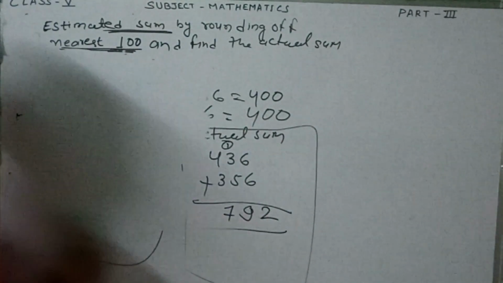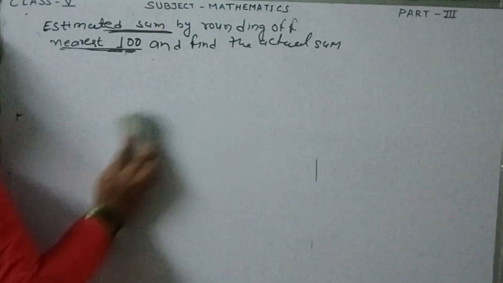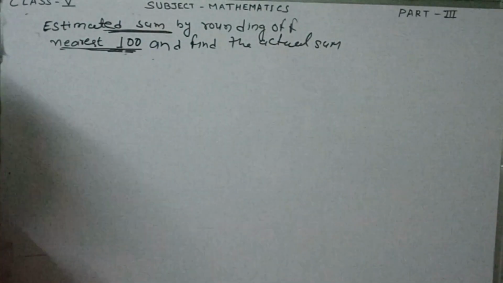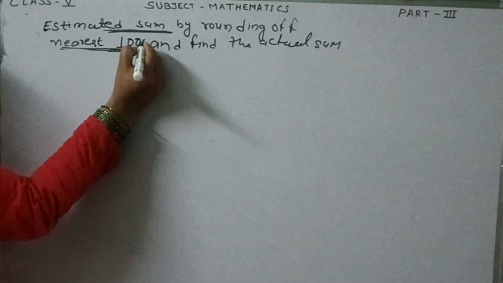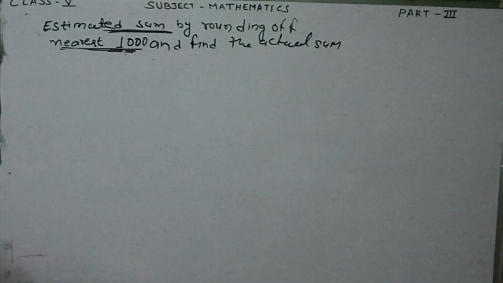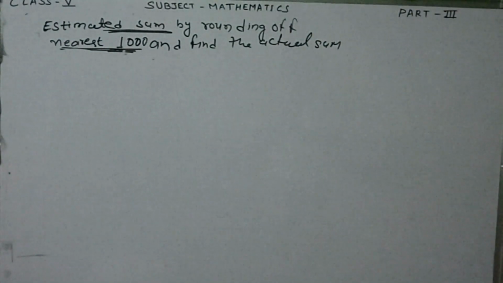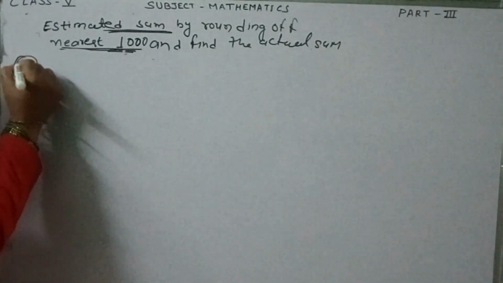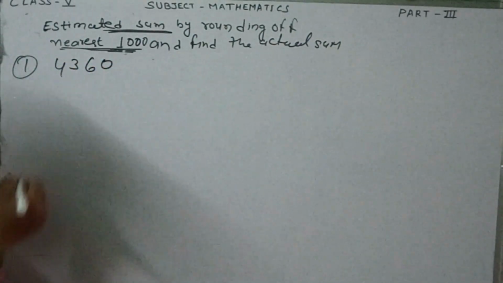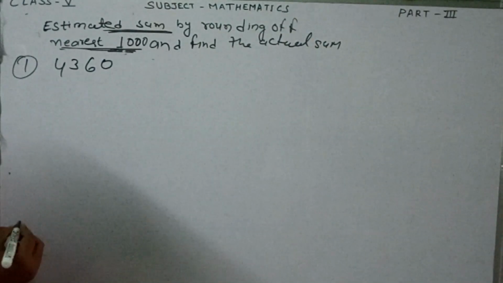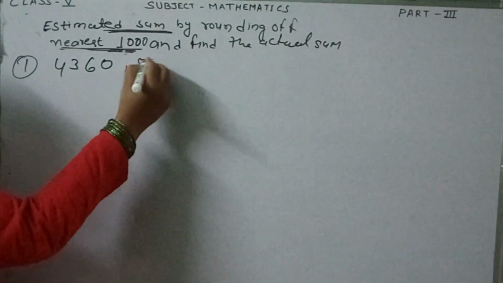Next question is nearest 1000. See here, 4,360 and 5,812.